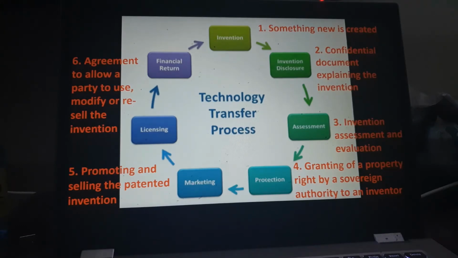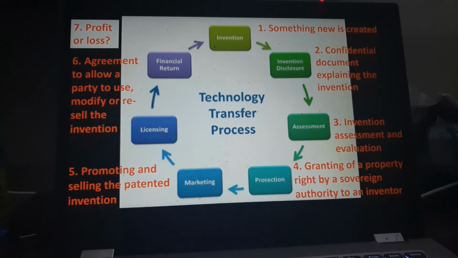You are now licensing someone, selling to someone, and therefore the technology is transferred from the inventor to the user, like we hinted in our definition. And of course, this is when you either get the profit or loss, the returns. So those are 7 typical stages of the technology transfer process.